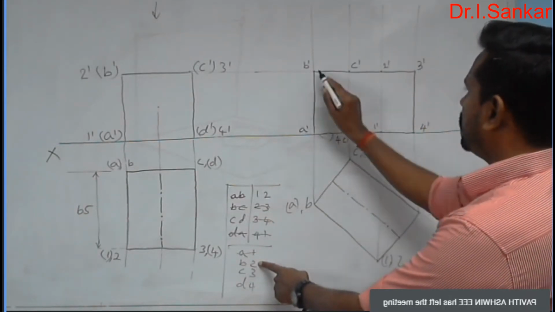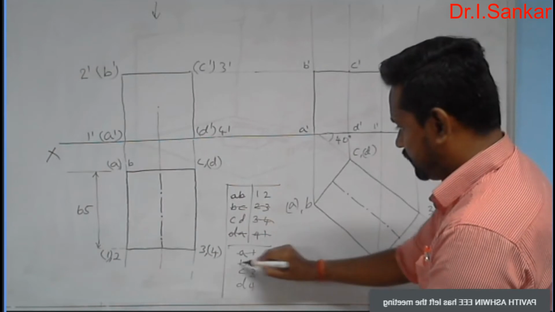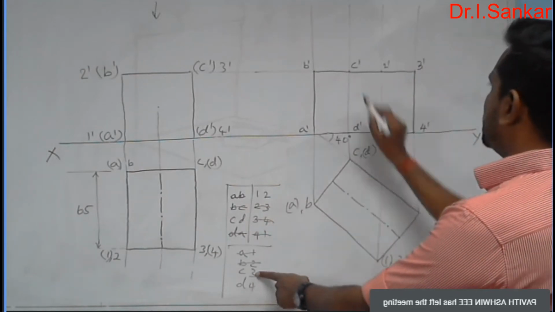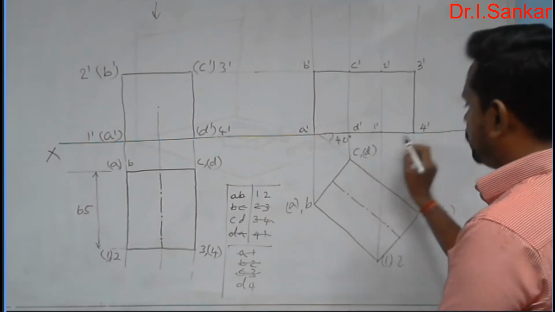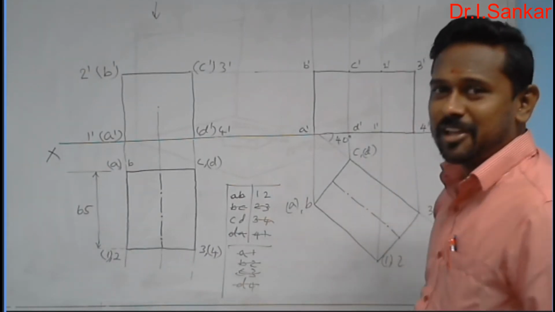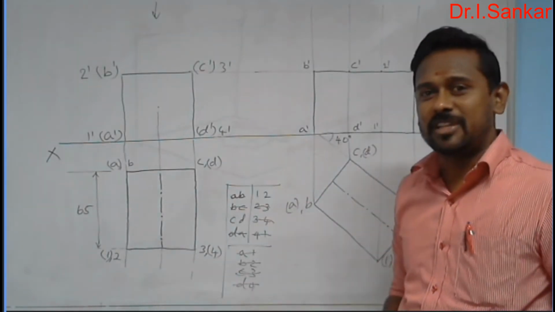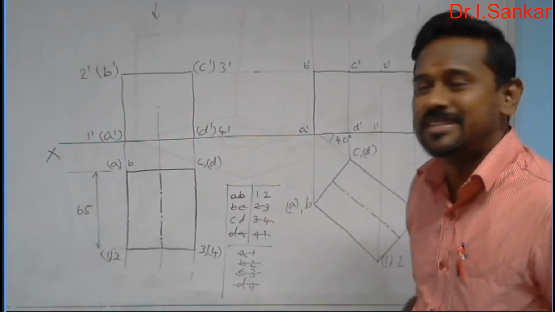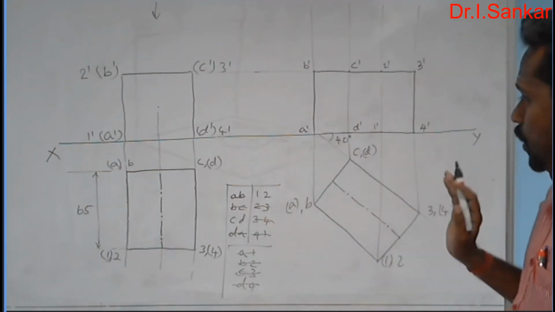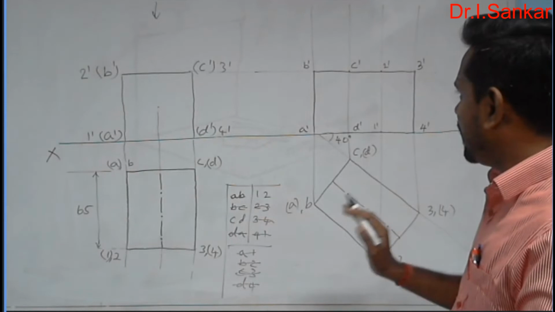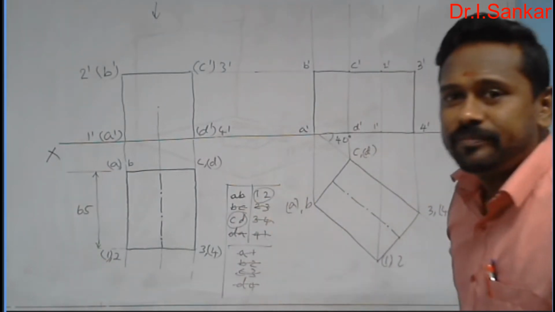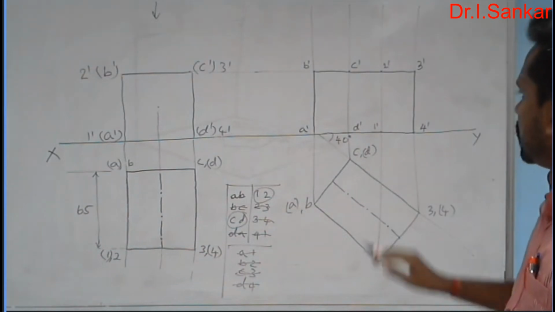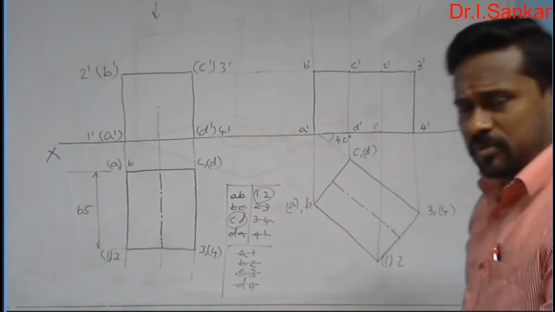B2, yes, connected. C3, yes, connected. D4, yes, connected. So the solid is very simple. With the first step itself, we can connect more than 80% of the edges. Only a few edges are not yet connected. They are CD and 1 2. So just go through the second step.